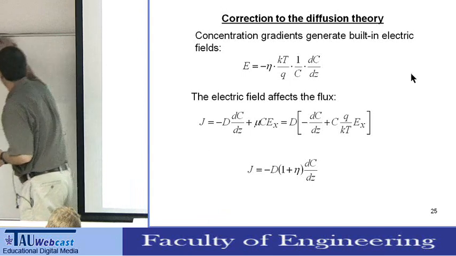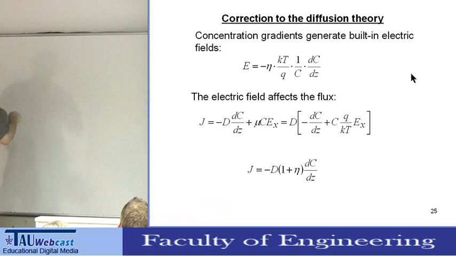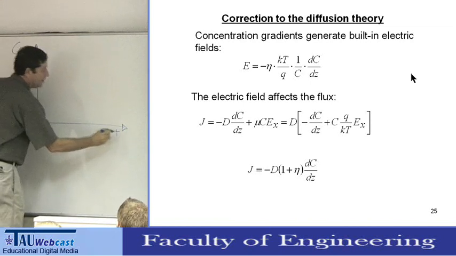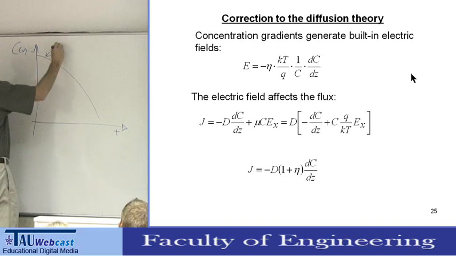Let's do it again. This is concentration versus X, and let's say this is the profile of N-type dopant.